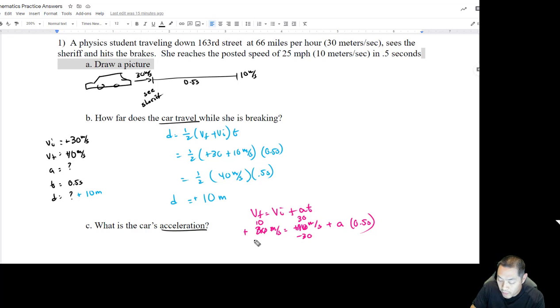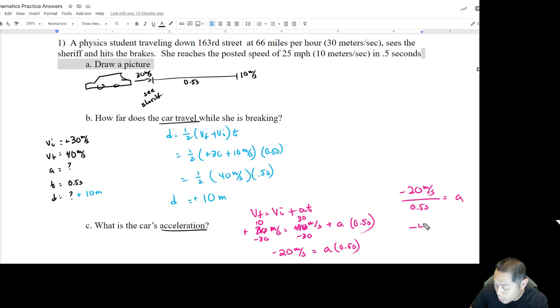Move VI over to the other side, and you get negative 20 meters per second equals A times 0.5 seconds. Divide that by 0.5. So negative 20 meters per second divided by 0.5 seconds will give us acceleration.